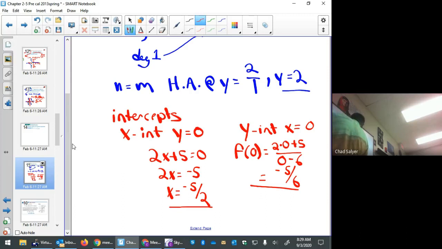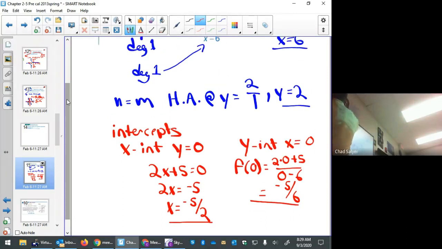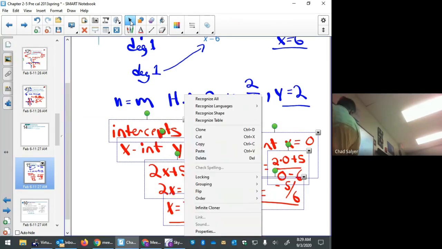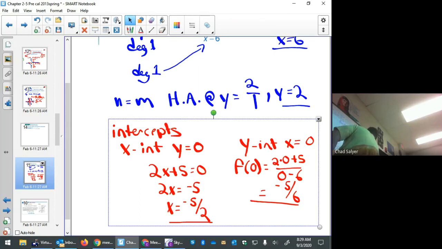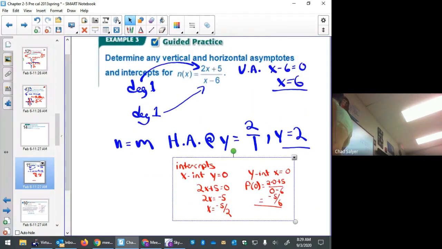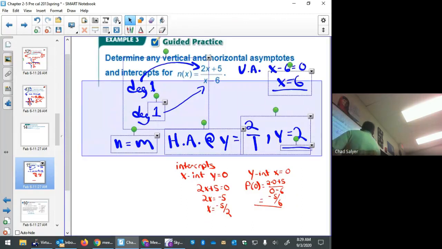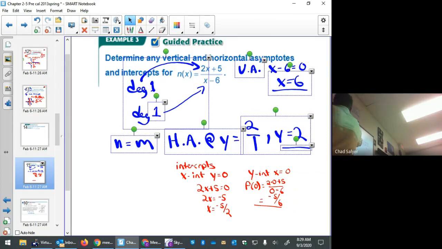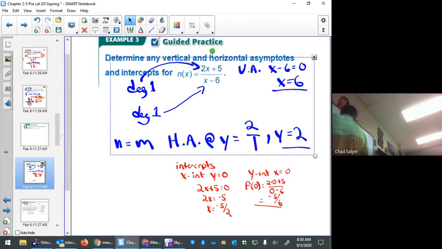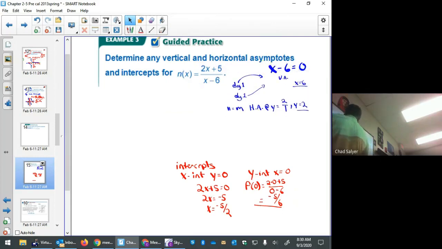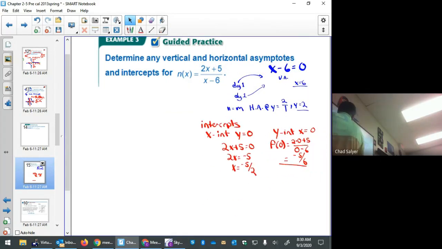So those are my intercepts. They can help make your graph a little more accurate, is the purpose there. So we've got all the information we need to make a really good graph here. There we go.